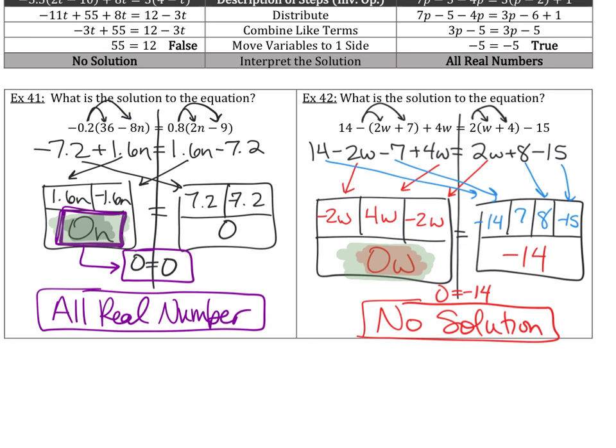The 0 in front of the variable, so important. You're either going to answer all real numbers or no solution based on what mathematical sentence is left. Either a true one or a false one. If it's true, it's all real numbers. If it's false, it's no solution.